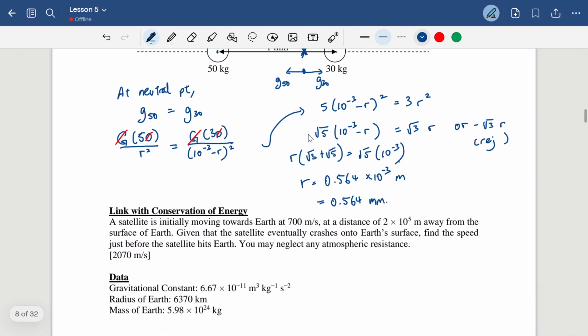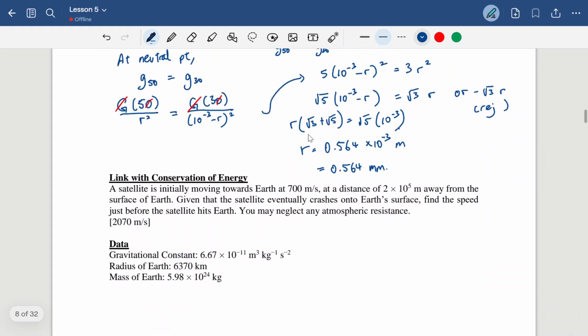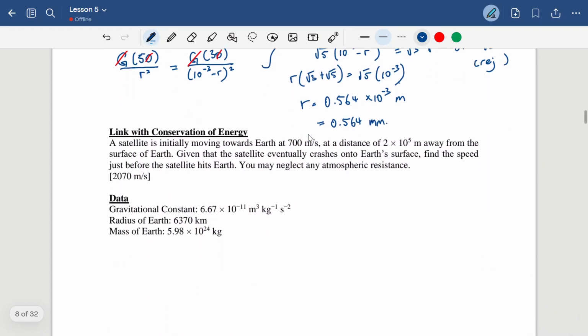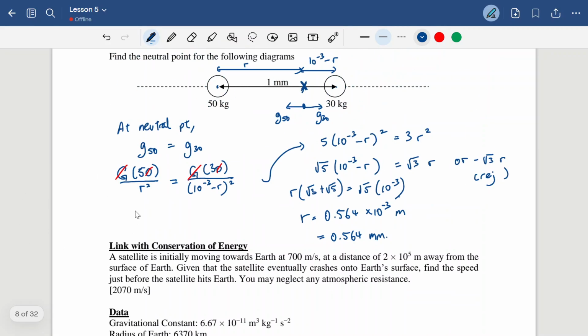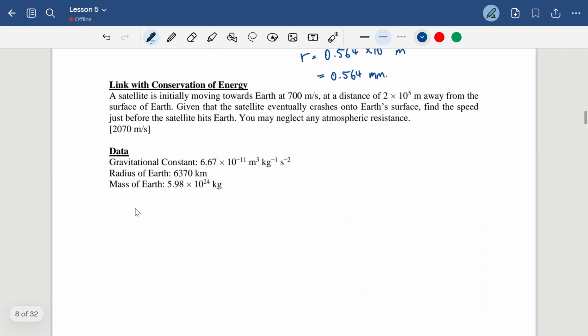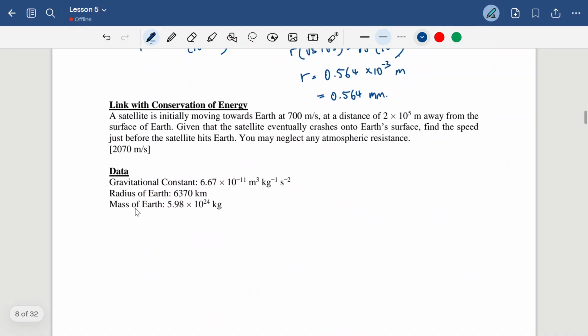Next, conservation of energy. So here we use the field formula, and here we are going to use the conservation of energy formula.